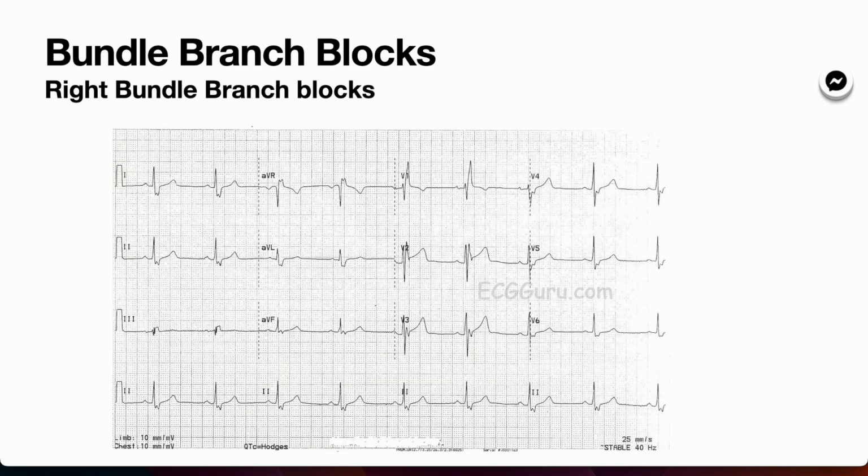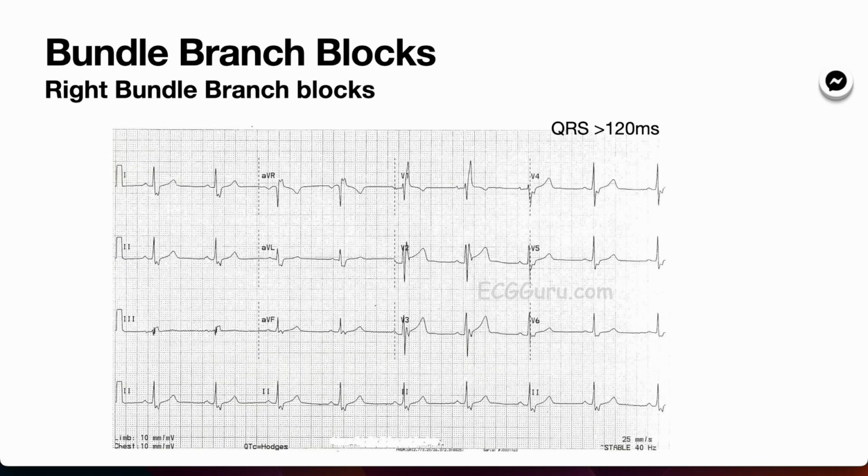So in this scenario, you can check the QRS complexes. The QRS complexes tend to be more than 120 milliseconds, and each is preceded by a P wave. So this is not a ventricular premature complex, because there's a P wave followed by a QRS, except that the QRS is more than 120 milliseconds.